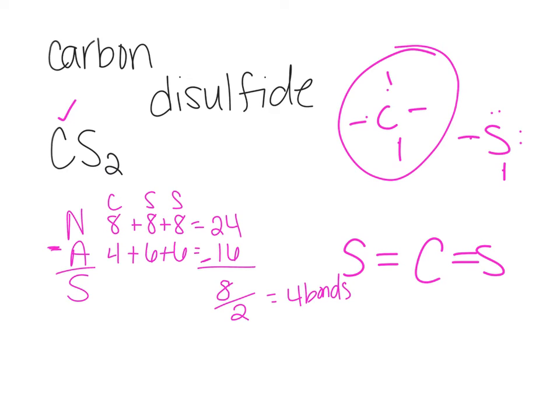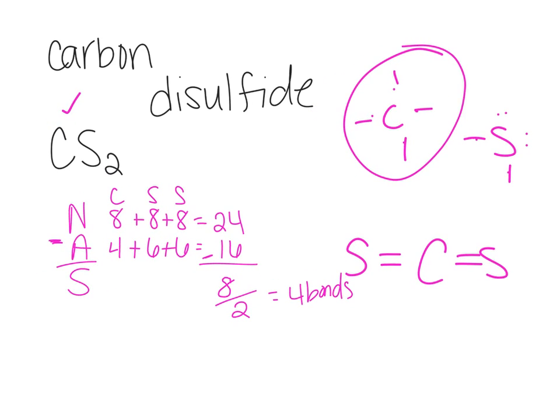And then we're going to be adding extra electrons to which elements? The sulfurs. Good. So we need to get to 16. So far we have 2, 4, 6, 8. We're going to go to the sulfurs now. 10, 12. Okay. And then we double check.